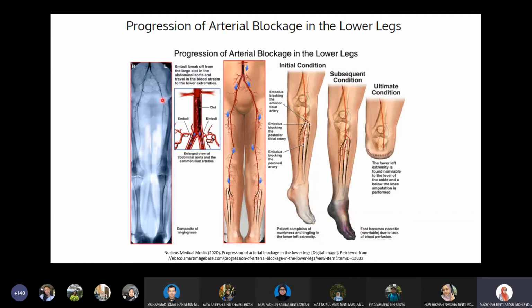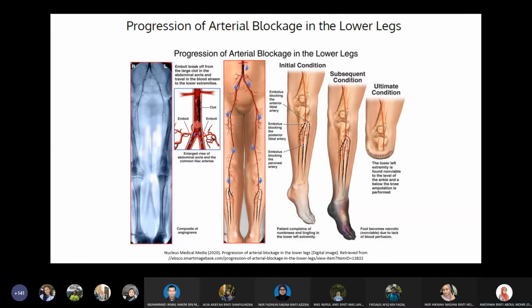This is a picture depicting what will happen. Afterwards there will be a lecture on aneurysm, so you will encounter this later. This is the abdominal aorta, and you can see there is a clot, a thrombus formation within the blood vessel.